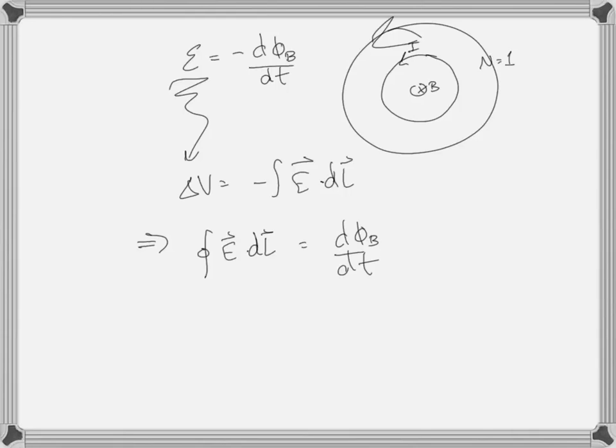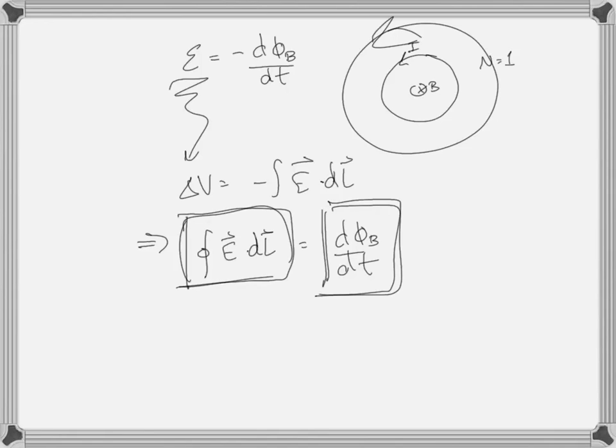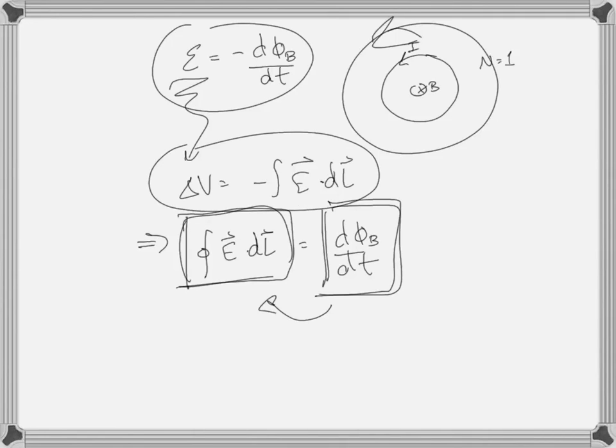So Faraday's law says a potential, which is E dot dl, can be induced by a changing magnetic flux.